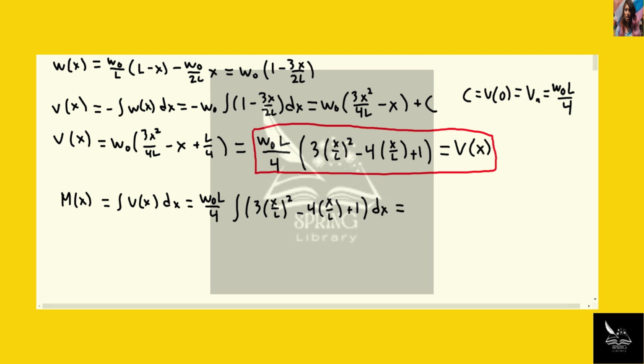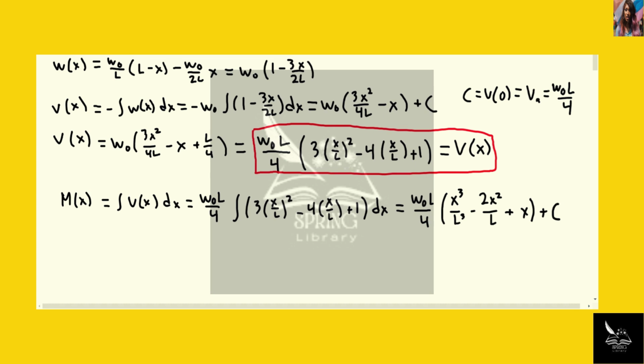And here our result will be W0 L over 4 times x cubed over L cubed minus 2x squared over L plus x. And again, we'll have our integration constant.